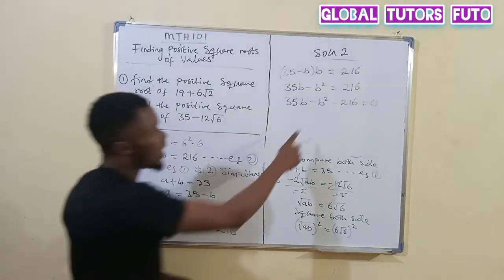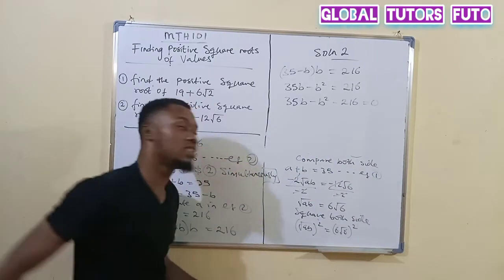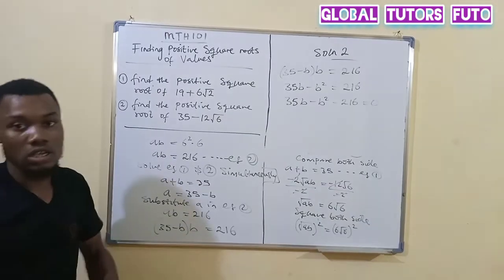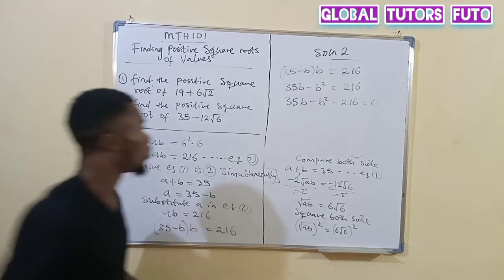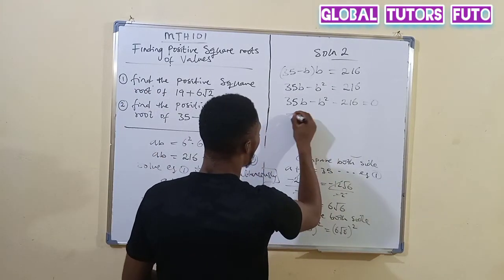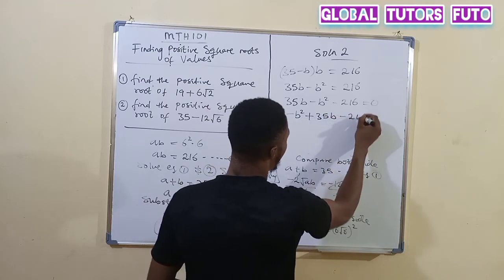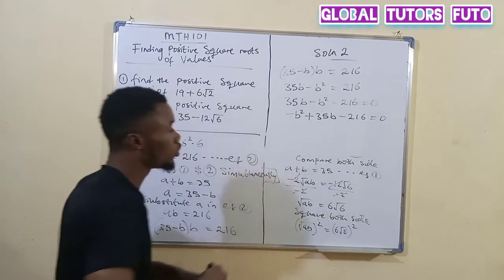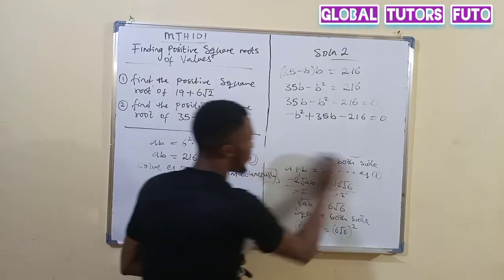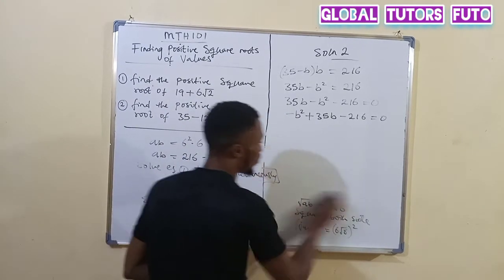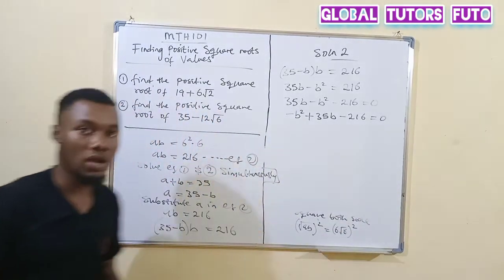Okay, so arranging this the way it should be, because looking at this, I have obtained a quadratic equation. So I will have minus B squared plus 35B minus 216 is equal to 0. So I want this to be positive. You know that for every quadratic equation, the value that has the highest power is always positive.